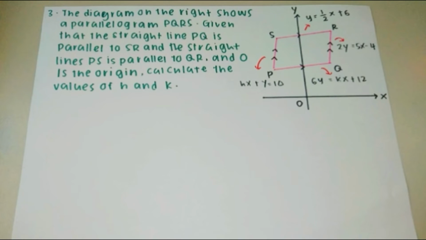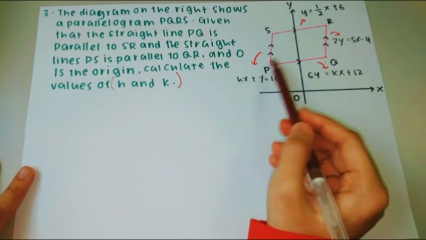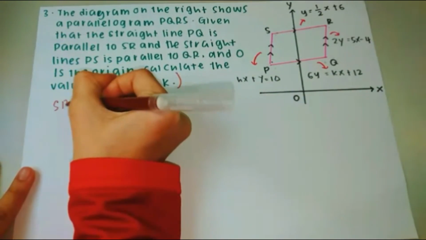Last question. The diagram on the right shows a parallelogram PQRS. Given that the straight line PQ is parallel to SR and the straight line PS is parallel to QR, and O is the origin, calculate the values of h and k. First, we have to write SP equal to RQ.